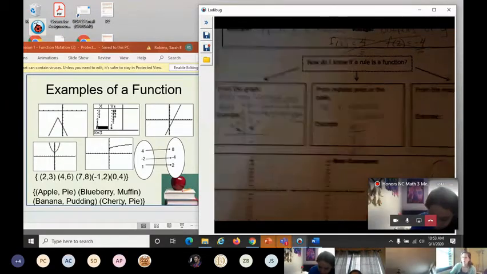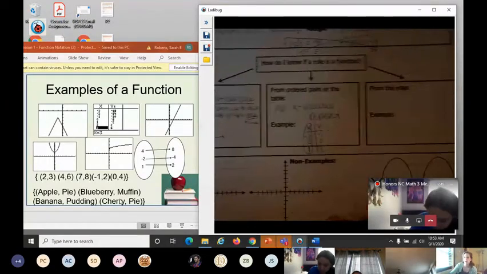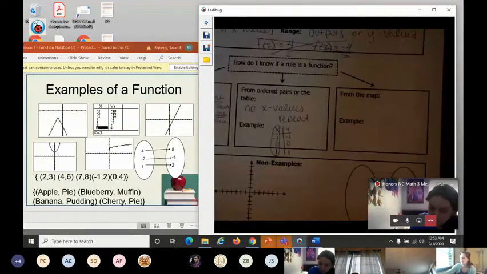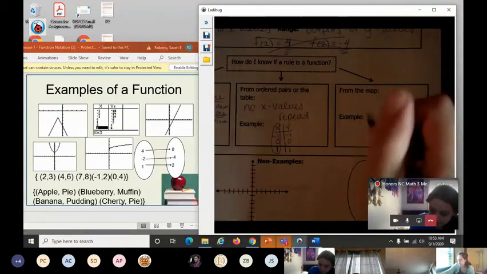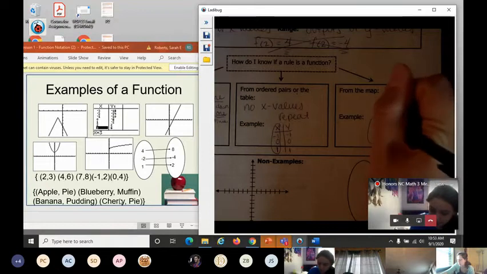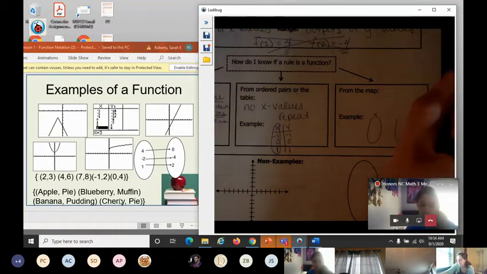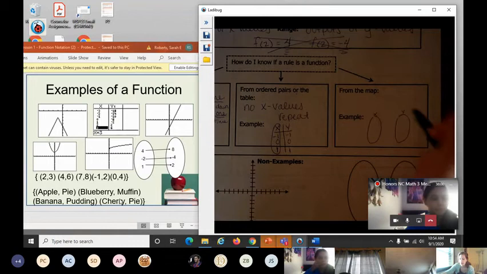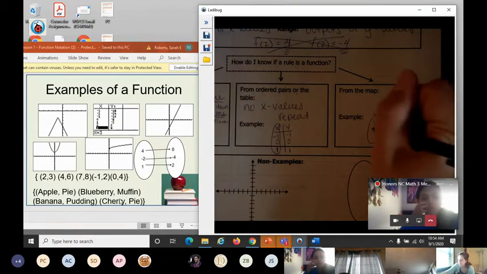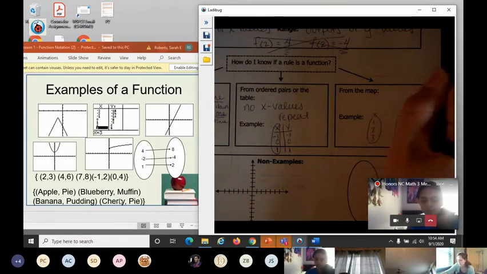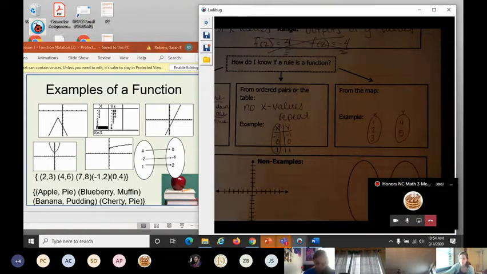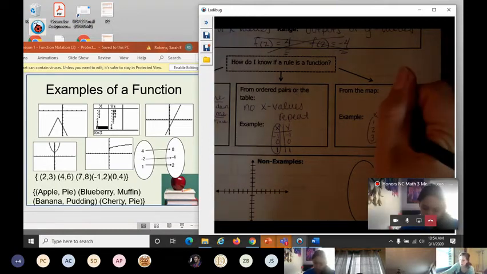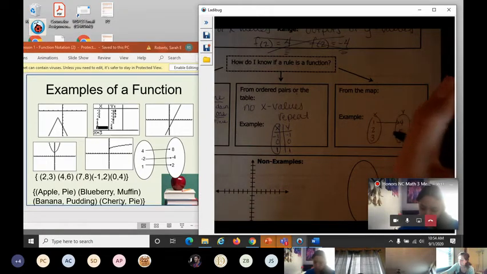Okay. So now the last one is talking about the map. A map is referring to, maybe we have X values here, Y values in this bubble, and we have numbers in those little bubbles. And then we have arrows that show which X value maps to which Y value.